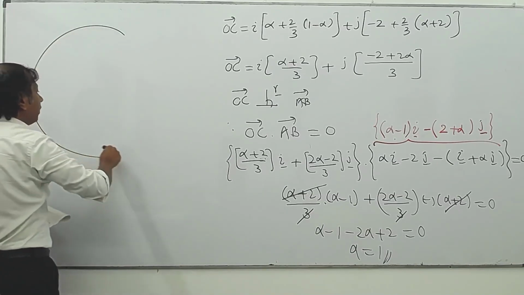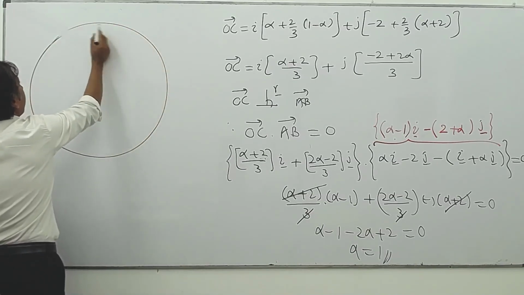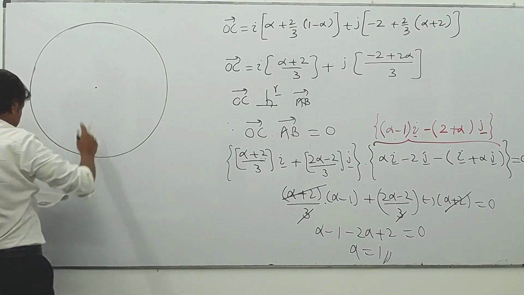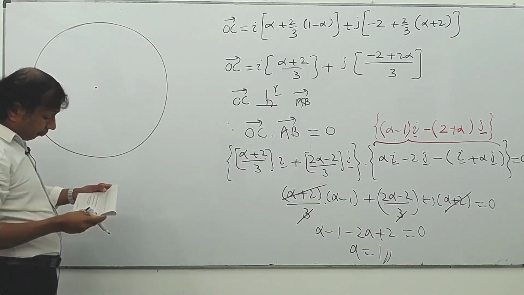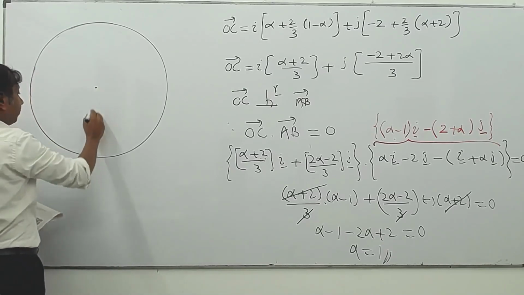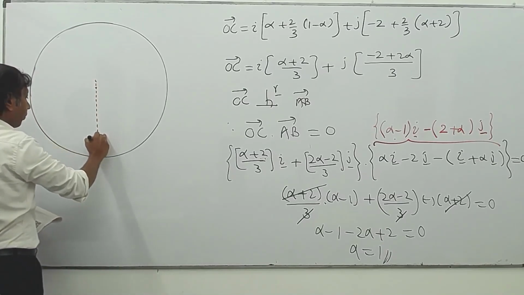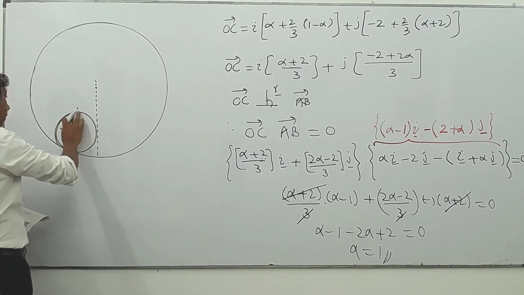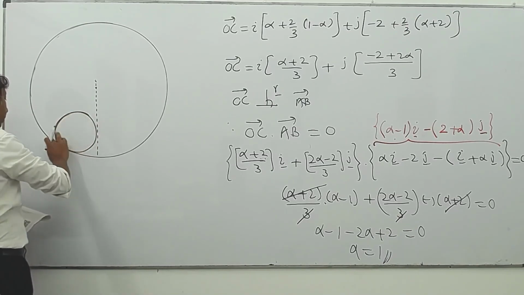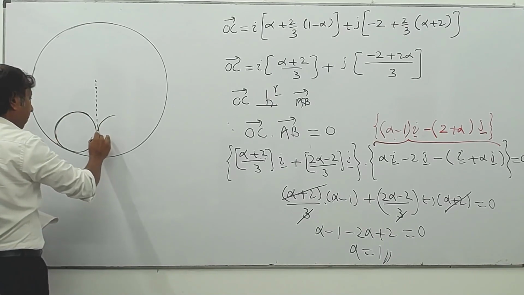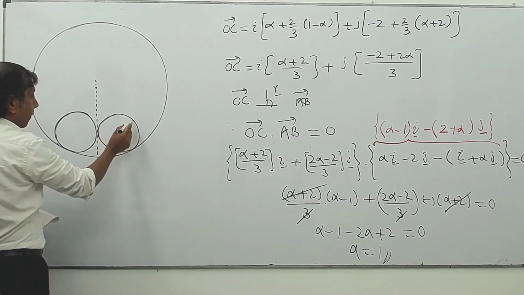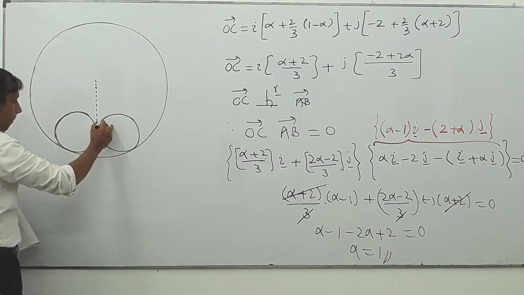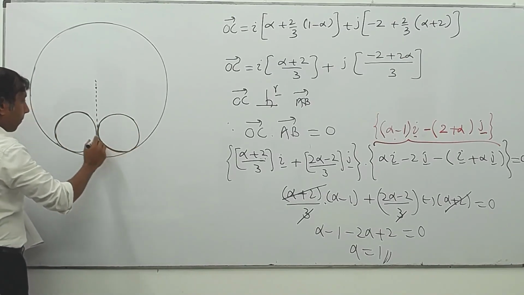This is the spherical vessel, right? Its radius is given as 3A.